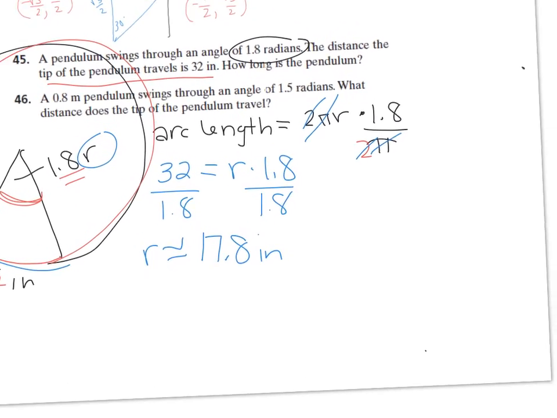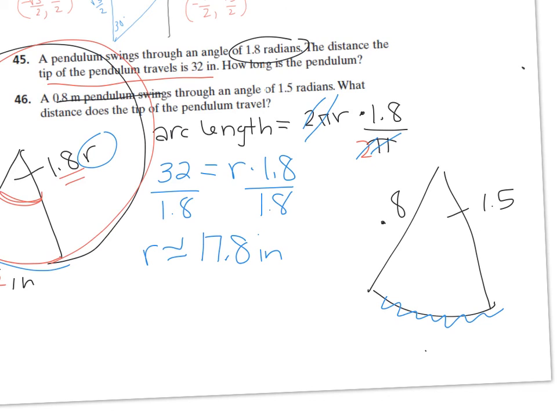So 46, this time you know the length of the pendulum, so you know that the radius is 0.8, and it swings through 1.5 radians. And this time you're trying to find the arc length, trying to find that distance. So this is radians, this is meters.